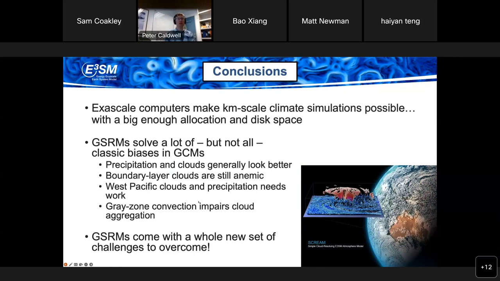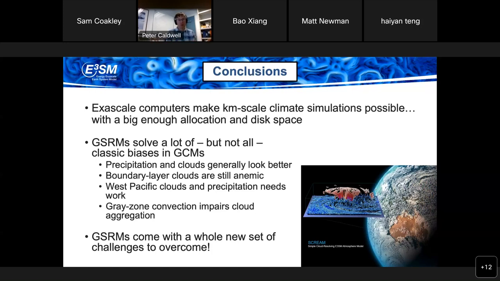So I think that brings me to my conclusions. I think these exascale computers are a real game changer. We can do longer simulations, but we need to figure out how to get the allocations we need, how to get the disk space we need, how to make them faster, basically. And I am amazed at how much improvement you get in a lot of ways just from explicitly resolving a lot more scales.